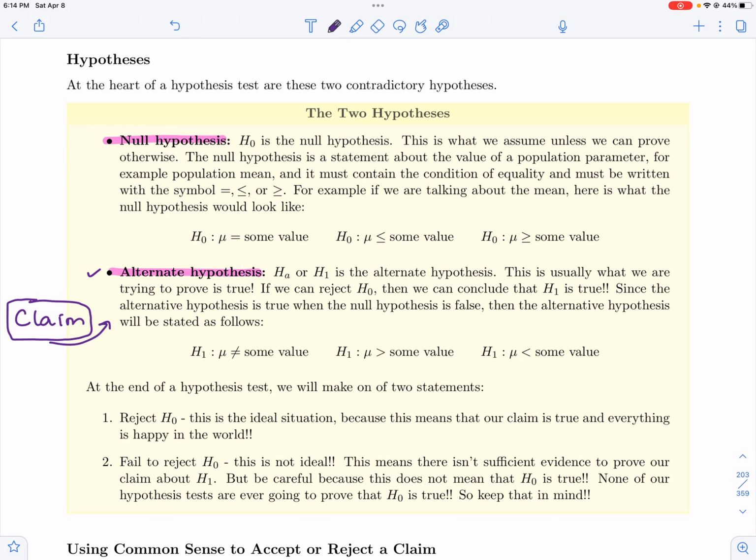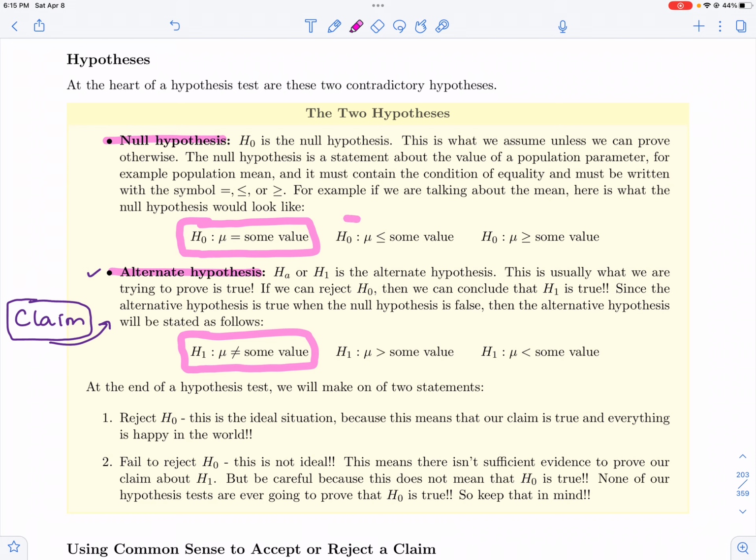When I talk about opposite or contradictory statements, let's look at some examples of how these will be set up. In the first case, if our H naught is mu is equal to some value, then the opposite statement is that mu is not equal to some value. Those two statements always go together, equals and not equals.